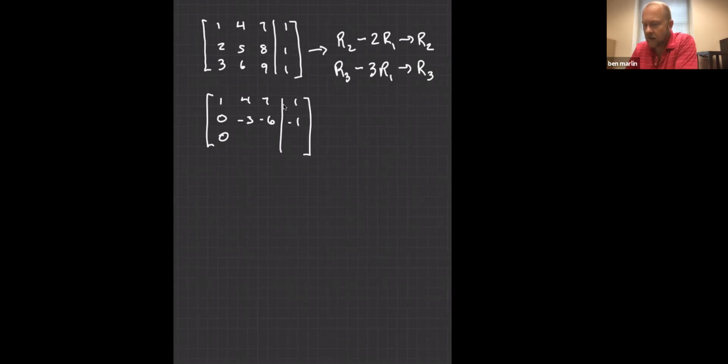So, 6 minus 3 times 4. Well, that's 6 minus 12, so that's a negative 6. And then 9 minus 3 times 7, so 9 minus 21 is negative 12.